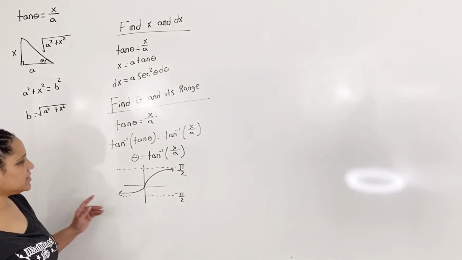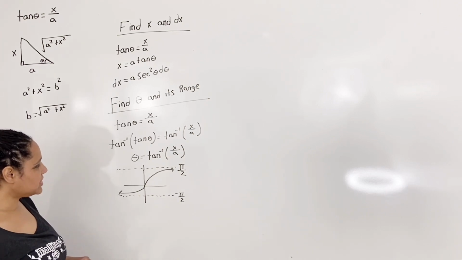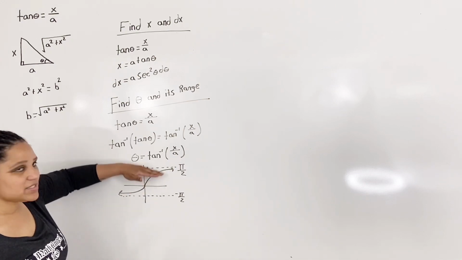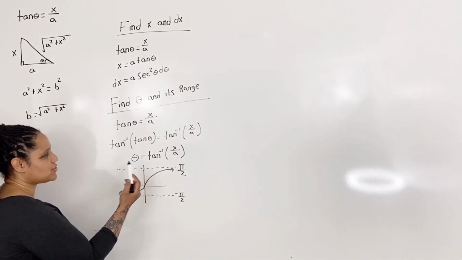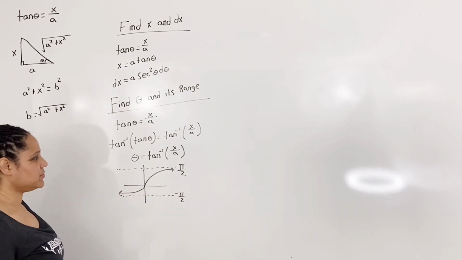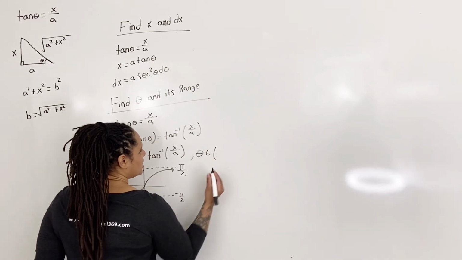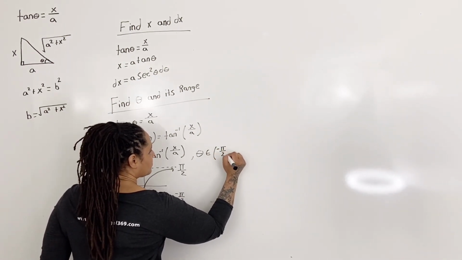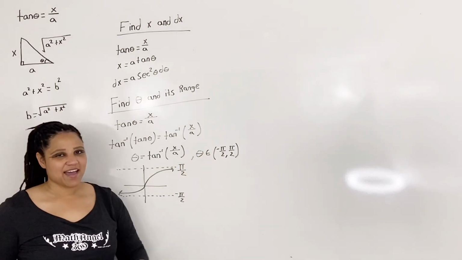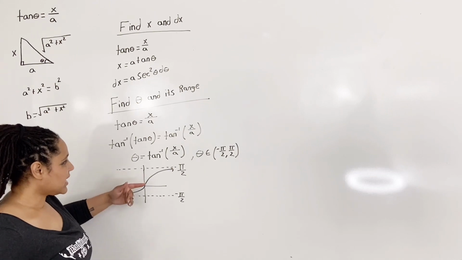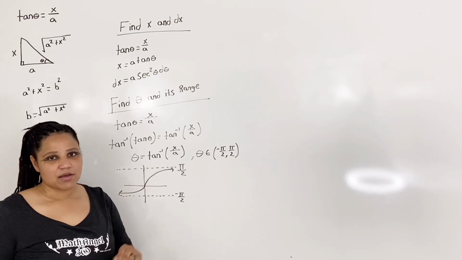So we see that the domain of inverse tangent goes from negative infinity to positive infinity, and the range of inverse tangent goes from negative pi over 2 to pi over 2.